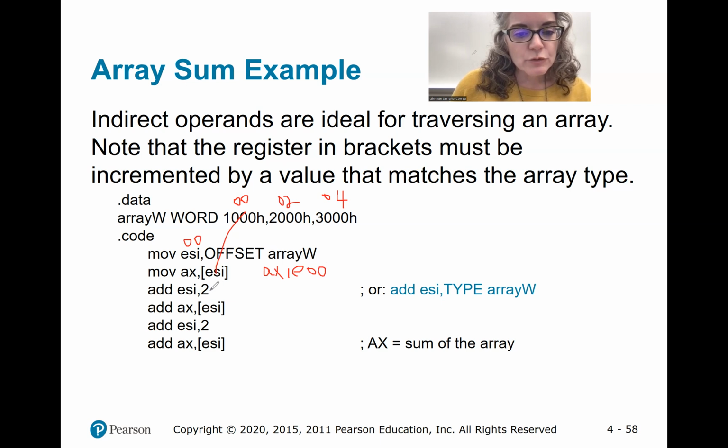Then we add 2 to ESI. So ESI is at FF00. FF00 plus 2 gets us to the 2000.